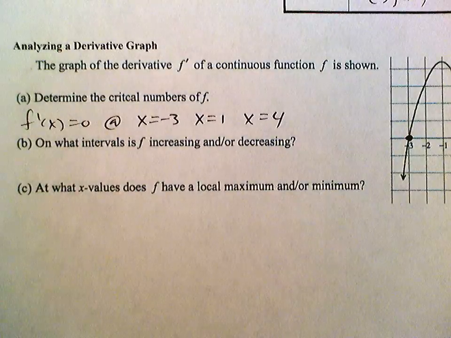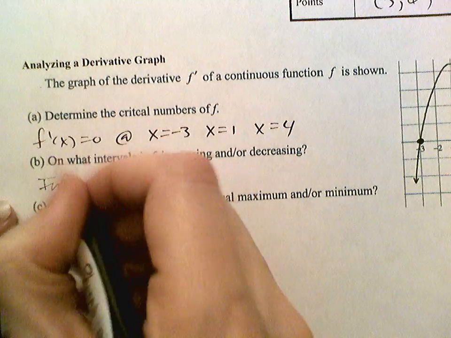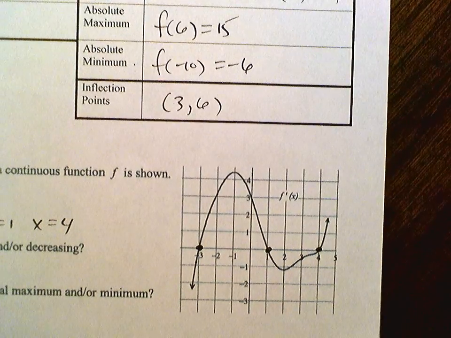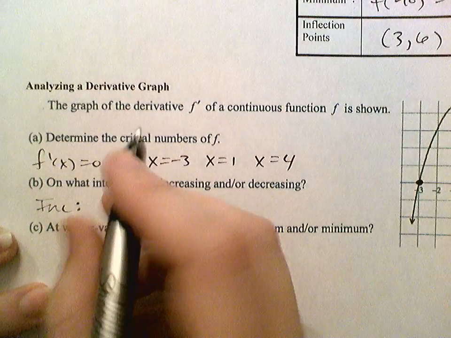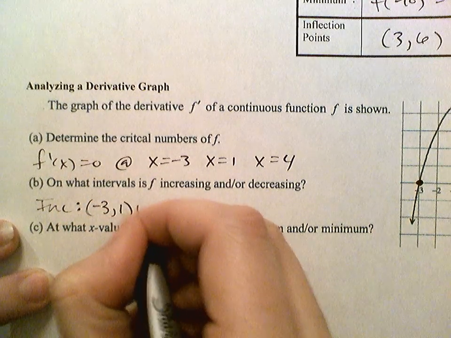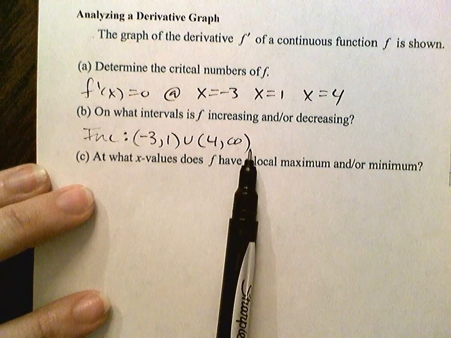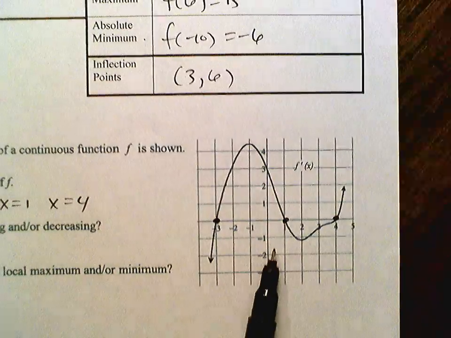So I'll just go like this, increasing, and you've just got to find where f prime is positive. This is the graph of f prime, so where is it above the x-axis? Two intervals: from -3 to 1, union from 4 to infinity. So f is increasing on these intervals because its derivative graph is positive on those intervals.